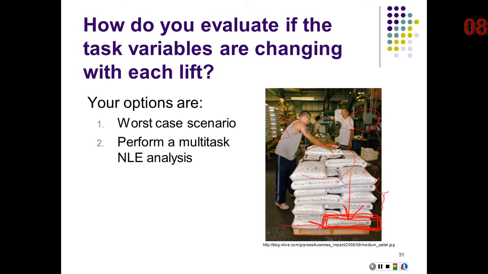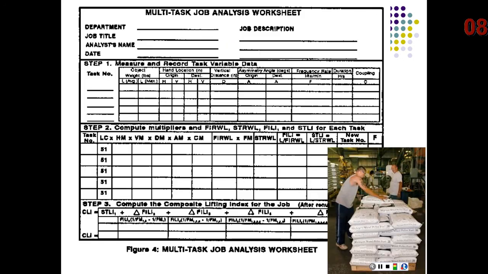A second way is to perform a multitask analysis, so multitask NIOSH lifting equation analysis. You want to use a piece of software such as ErgoWeb to do this. You're going to evaluate, for example, each layer. For each layer you'd have to consider the loading, the H and V at origin, H and V at destination, the distance moved, asymmetry, frequency, duration, coupling.